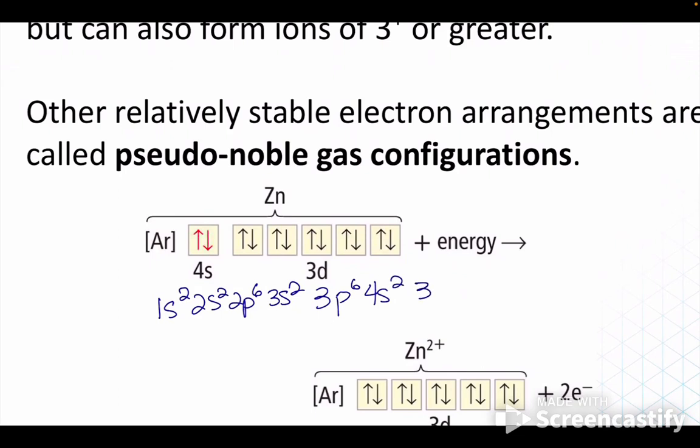Zinc is in the d block, and it will lose its 2 valence electrons, but it's going to keep its d electrons. So it's really the same electron configuration as argon, but with the d electrons. That's why we call it pseudo. It's not like the ones I just showed you where they become exactly like a noble gas. They're still going to have some d electrons left over.